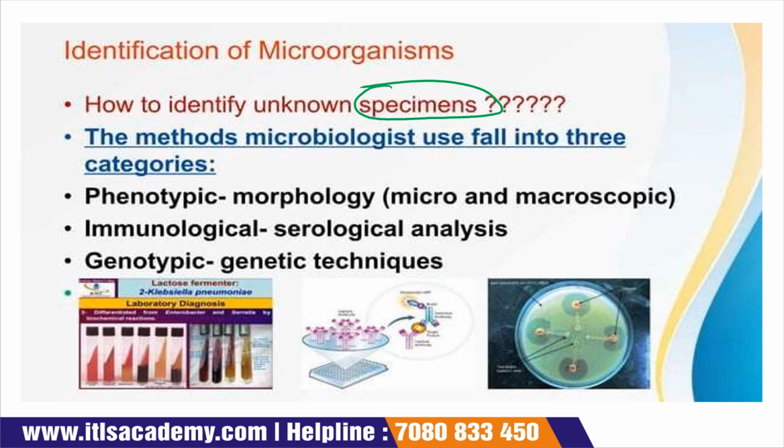So for the identification of microorganisms, we have three categories: one is phenotypic, then immunological, then genotypic. Genotypic is totally based upon genetic techniques.